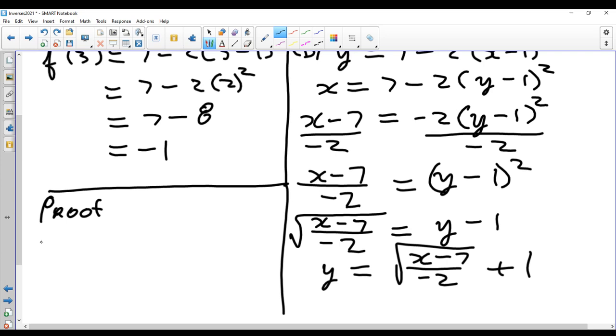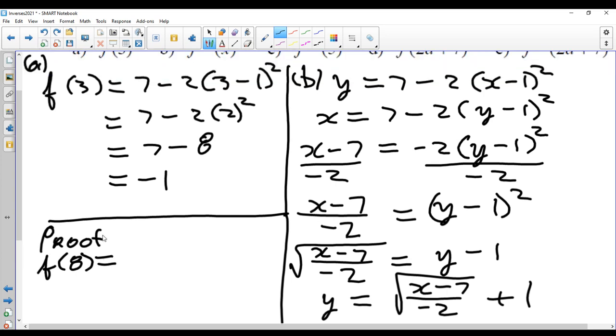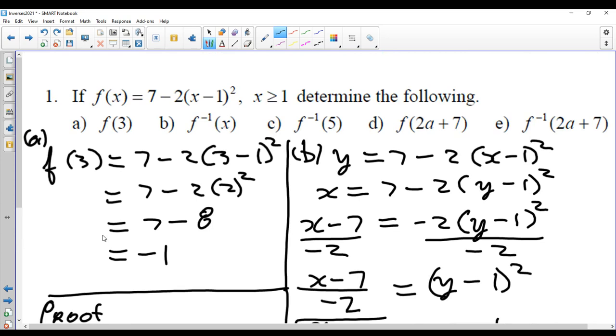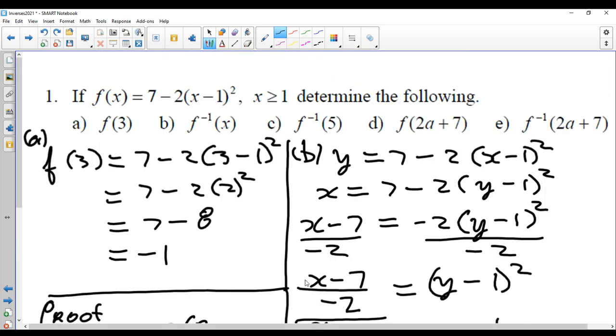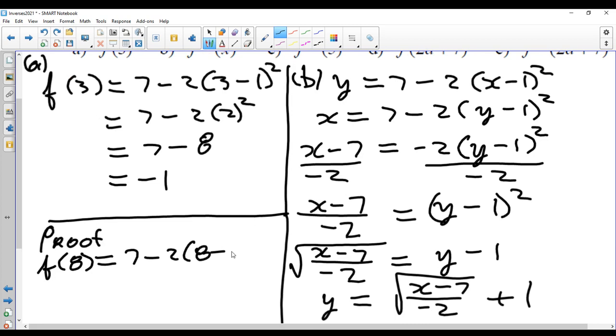So we're going to find f of 8 on the original function. f of 8 would be equal to 7 minus 2 times 8 minus 1 squared.